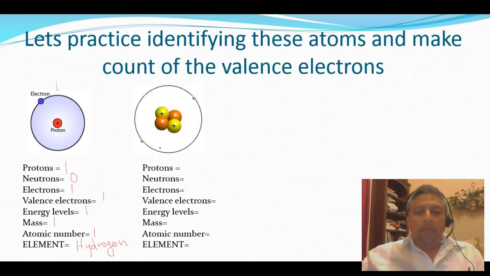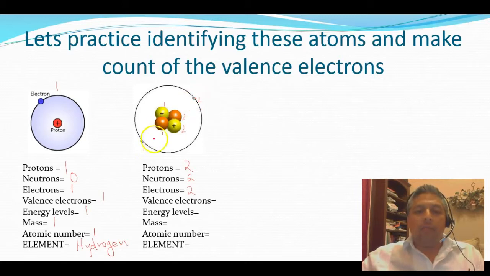Okay, if we count again, we're going to have 2 protons. These are the positives, 1 and 2. So protons is 2. Neutrons, we have 1 and 2, so 2 neutrons. Electrons, we also have 1 and 2. So therefore, we put a 2 here. Valence electrons, once again, we have only one energy level, so this will be the outermost shell.